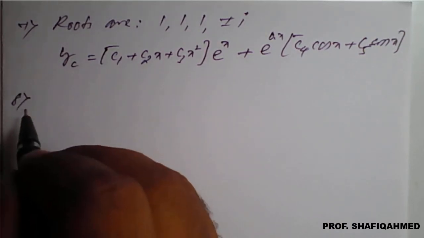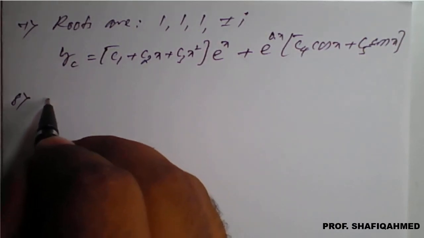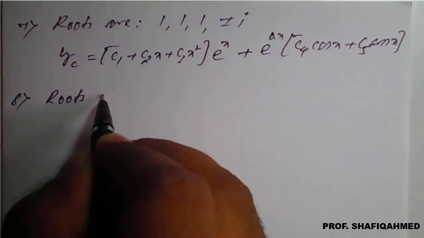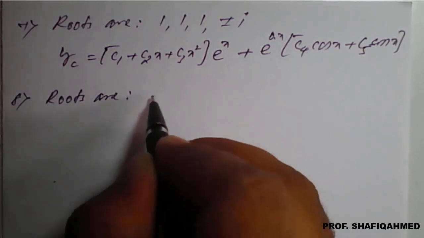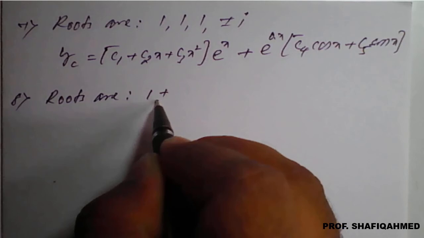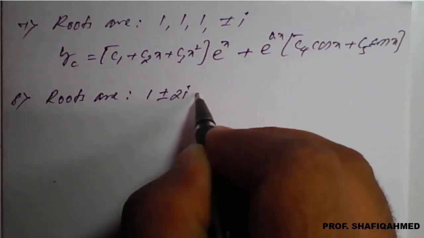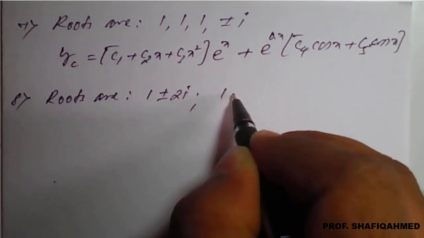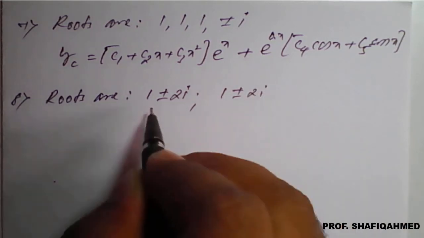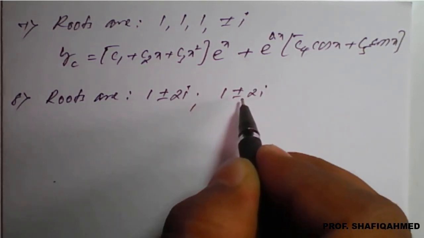So next kind here, roots are 1 plus or minus 2i and 1 plus or minus 2i. So a complex pair but repeated.